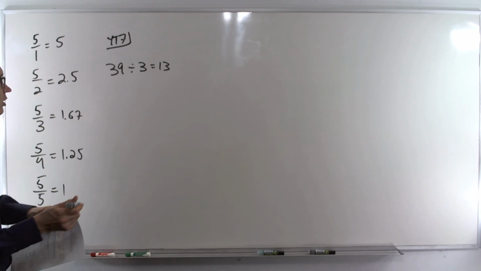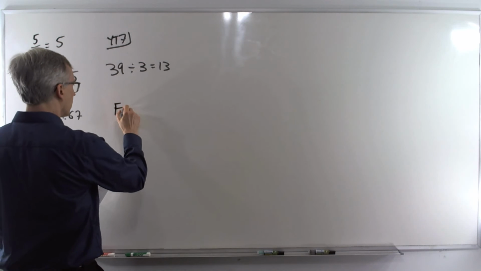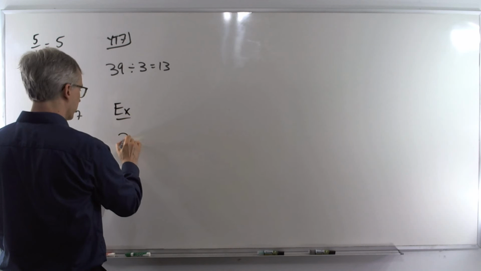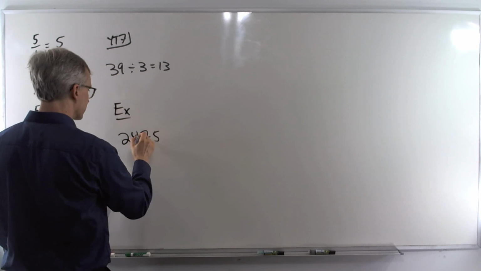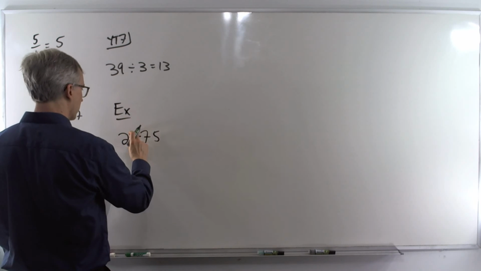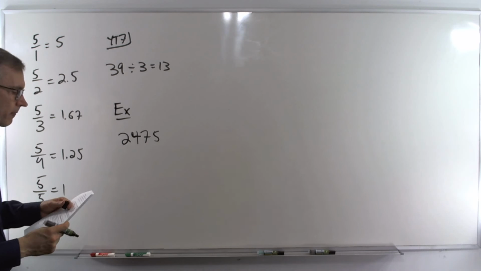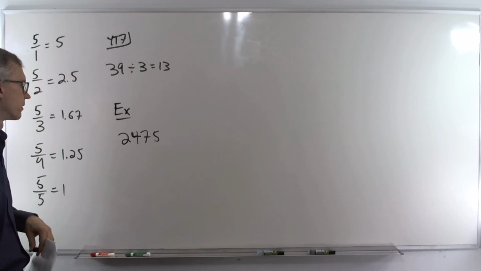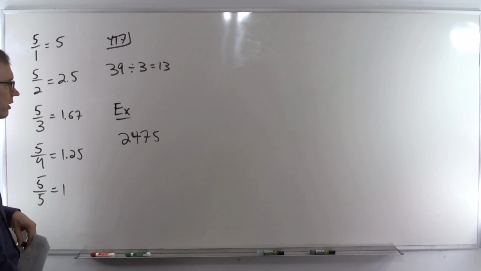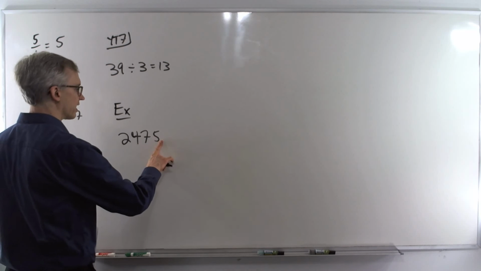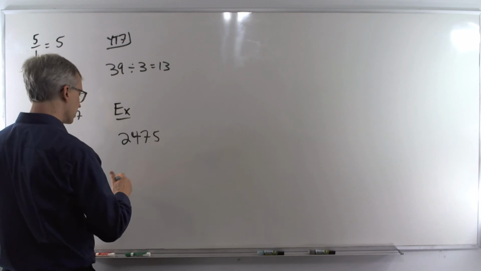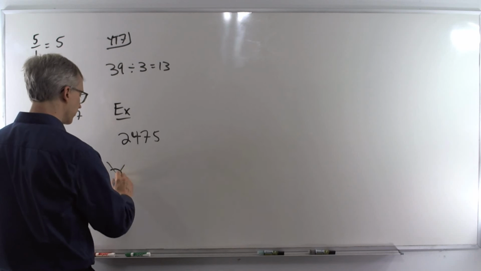For example, we're going to look at 2475. So is 2475 divisible by 2, 3, or 5? Okay, so it ends in 5. That's not one of our even numbers, so it is not divisible by 2.